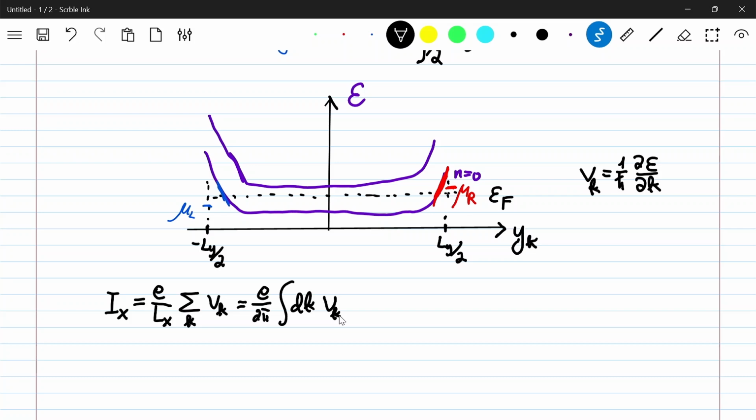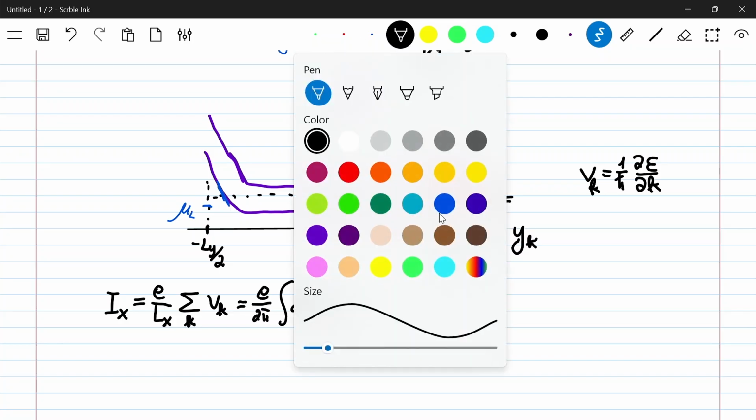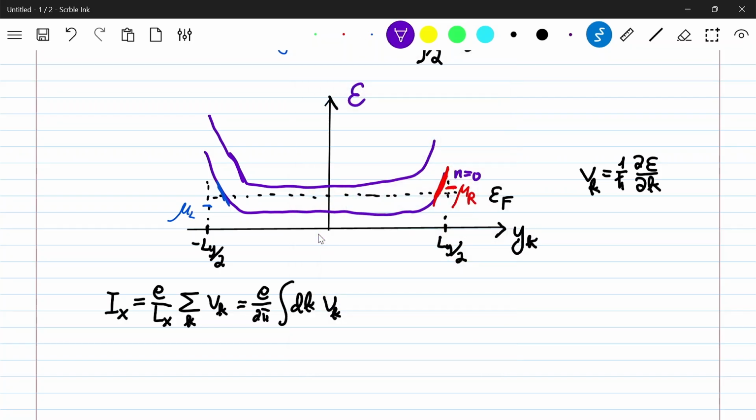The limits of the integral go from the leftmost occupied k state to the uppermost. Actually, let me plot the spectrum again as a function of k, so we'll have it more clearly.